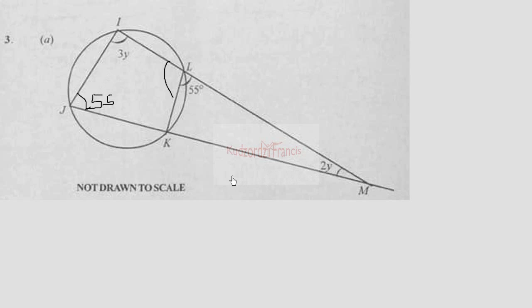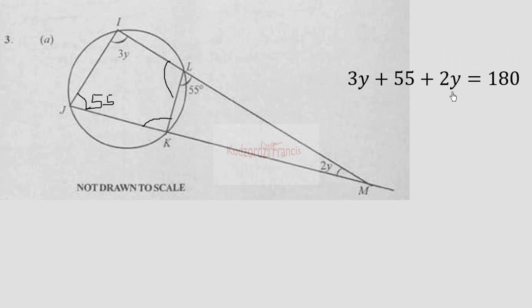If you don't want to do it that way too, you can also observe that this angle, using the exterior angle property of triangle MLK, is equal to 55 plus 2y. Then using the cyclic quadrilateral property, this angle and this angle should be 180. So they will all give you this same result.